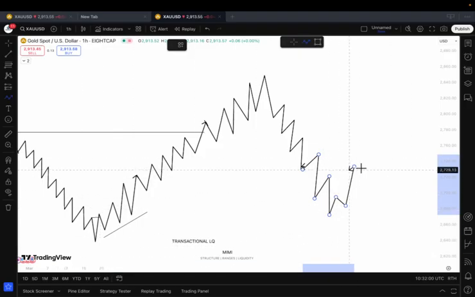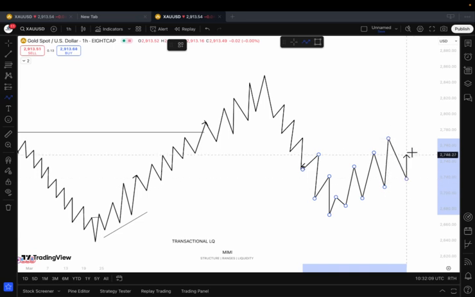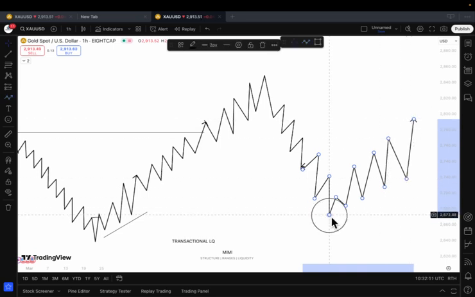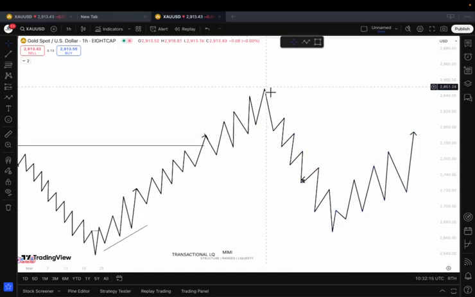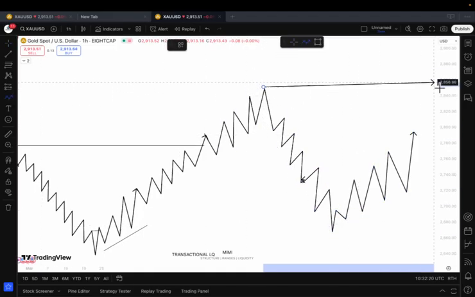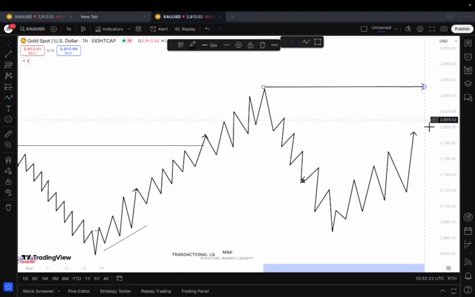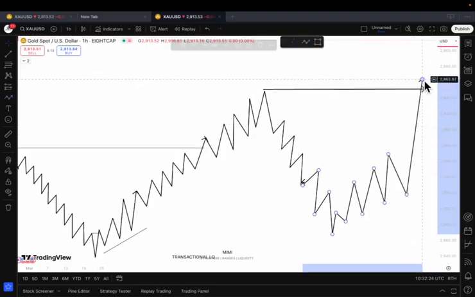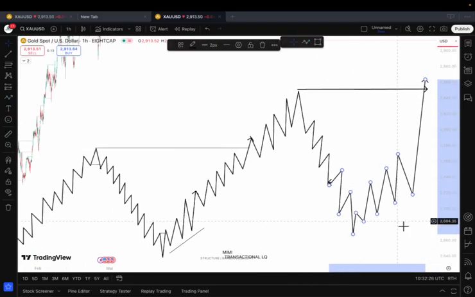If it takes out that external high, what happens next? It should just create three externals. 1, 2, 3. If that happens, this becomes the new recent range low, and this is still the range high. And if this range high gets taken out, we have a new very strong range low, which is this one.